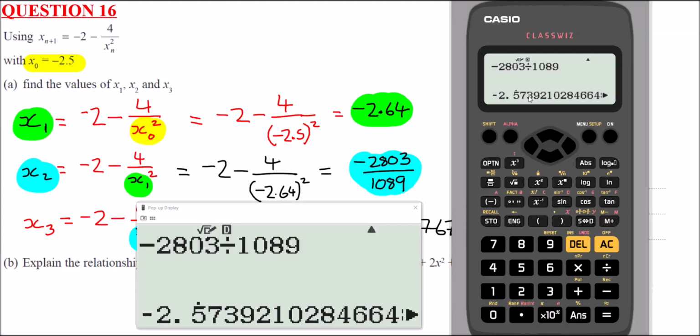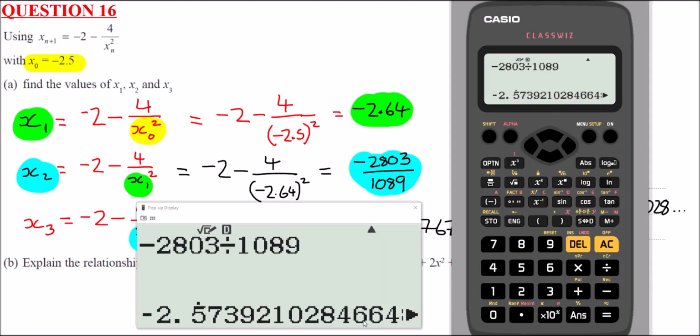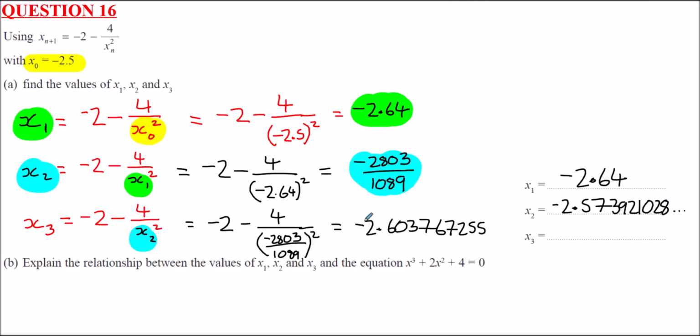Give a few more numbers, 392, 1028. Blah, blah, blah. Don't need to give all the numbers. That'll do. And the final one here, x3, was minus 2.603 767 255.